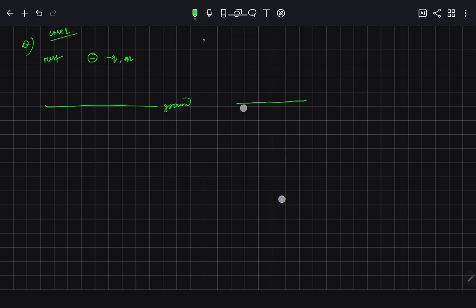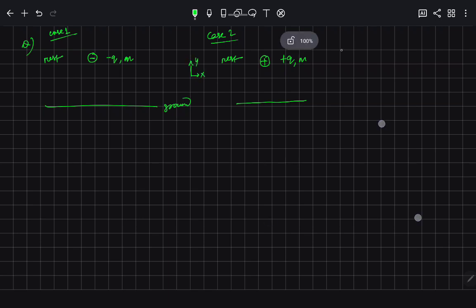This is case number 1. In case number 2, there is a positive charge plus q, and mass is m. Also it is at rest. The directions given here are x and y.